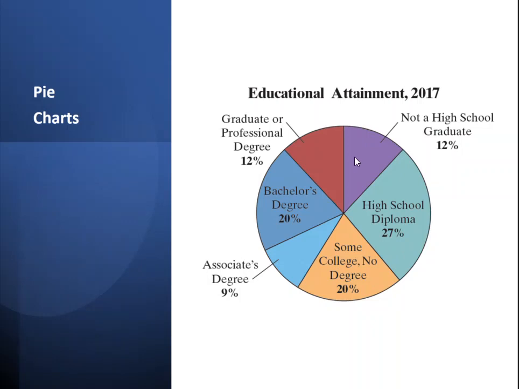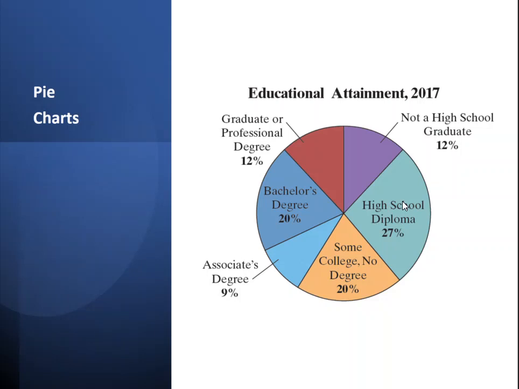Here for the no high school graduate, so in this purple piece of the pie here, we can see it represents 12% of the overall educational attainment, which is roughly half of the high school diploma piece of the pie. But my eye is not really able to discern that the purple piece is actually approximately half of this greeny teal colored piece.